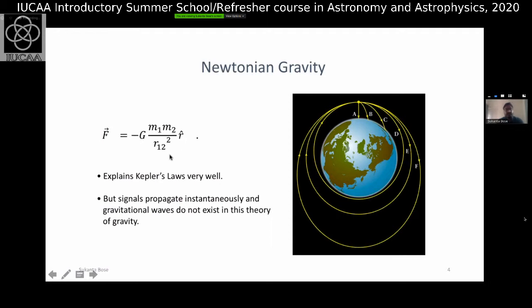This actually achieved astounding success by explaining Kepler's laws, which were found before Newton's law. And these laws explain how planets orbit around the sun. They explain their shape, namely ellipses with the sun at one of the two foci. They explain how fast the planets move as they go around the sun, or for that matter, now we know, these laws also very accurately explain how satellites, not just the moon, but also man-made satellites, orbit around the Earth.